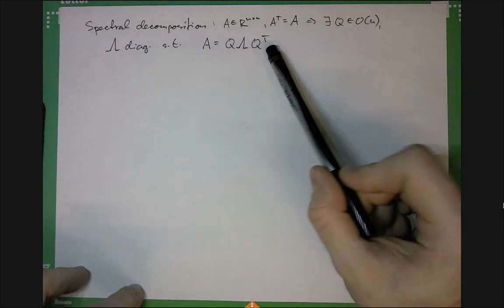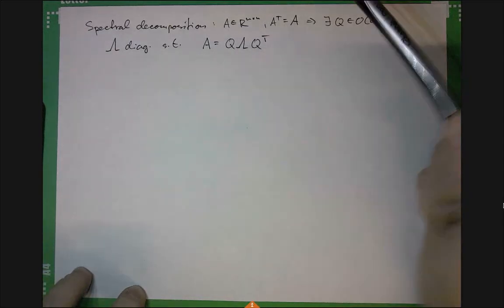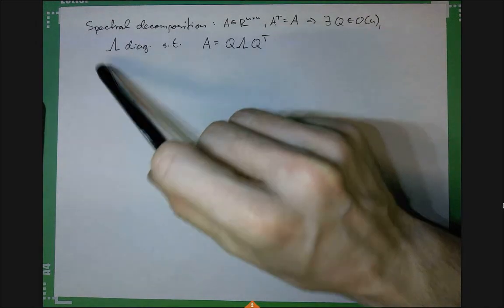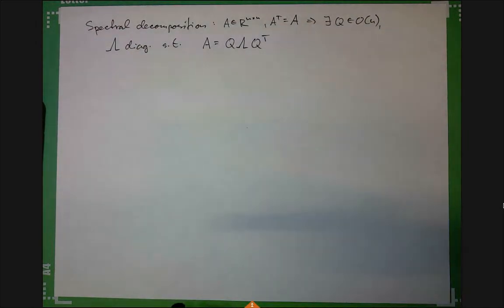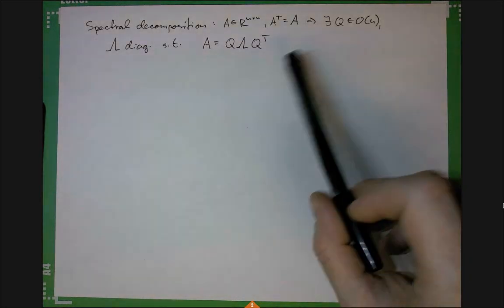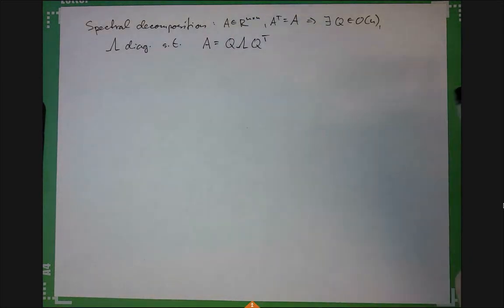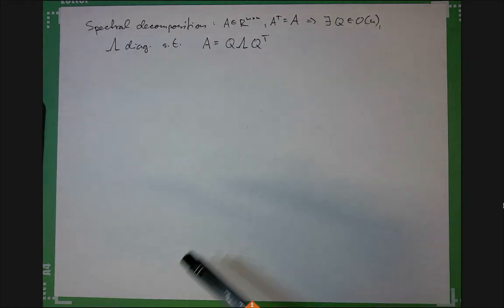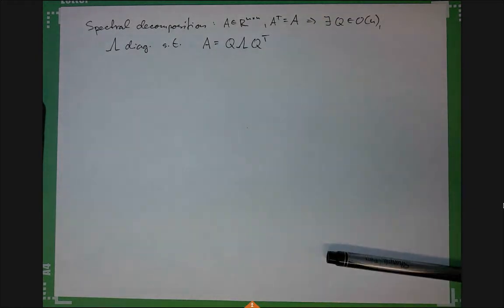So far we have proven this theorem for the case that the eigenvalues in lambda are all different. In this case, first of all, we already know that the eigenvalues and eigenvectors must be real. We also know that if the eigenvalues happen to be all different, then the eigenvectors, we already knew that for a general matrix, are linearly independent, that they form bases.